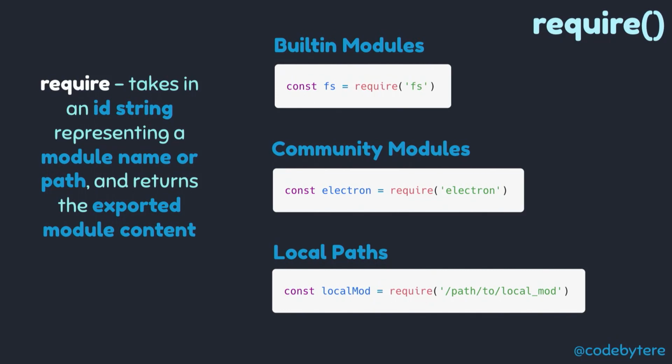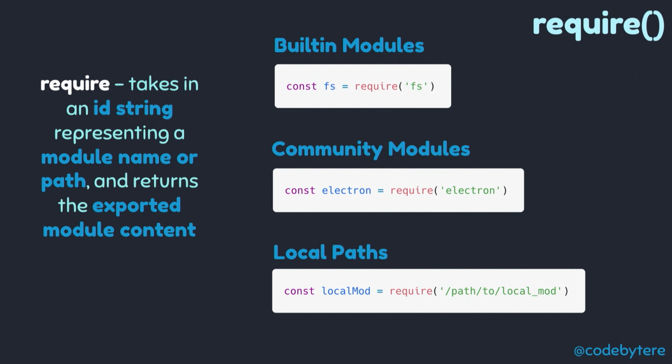Require can be used to import built-in modules, community modules, or local files. These files can be imported either with a relative path that will be resolved against the directory named by __dirname, if that's defined, or the current working directory.